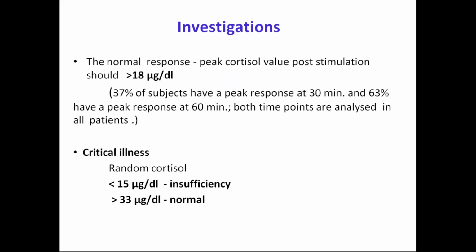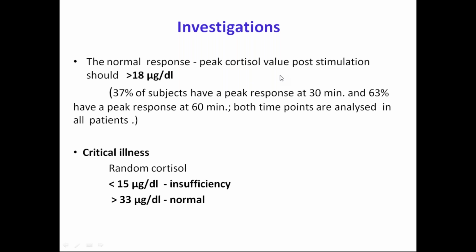So in critical illness, if it is less than 15 micrograms per deciliter, it is insufficiency, and if it is more than 33, it is normal. But in normal patients, if random cortisol is less than 5, it is adrenal insufficiency. So in the synacthen test, if it is more than 18, this is normal. If it is less than 18, you have to suspect adrenal insufficiency.